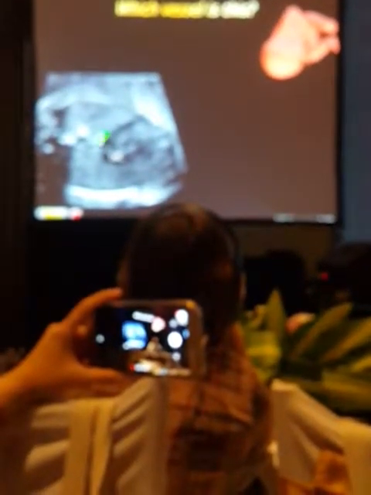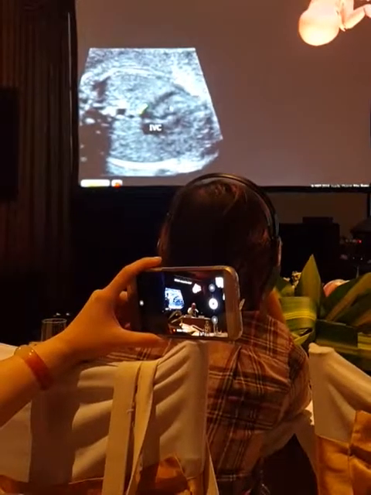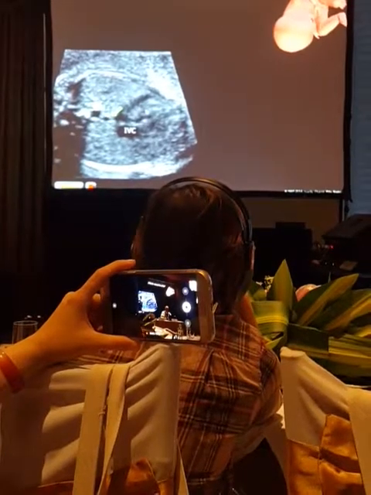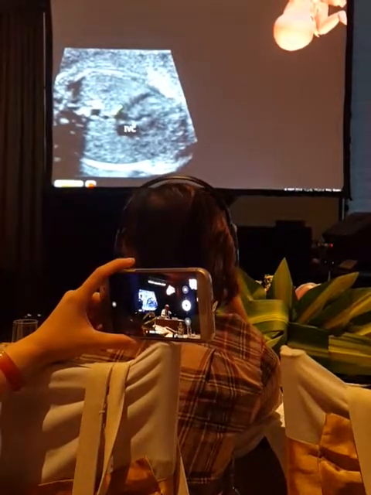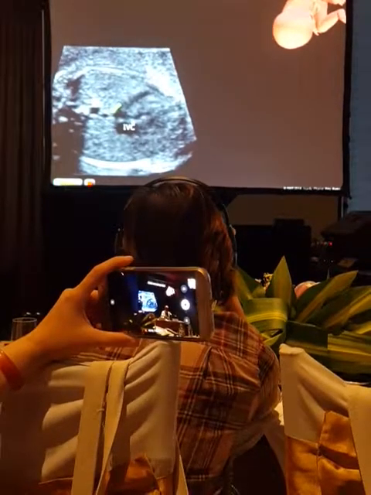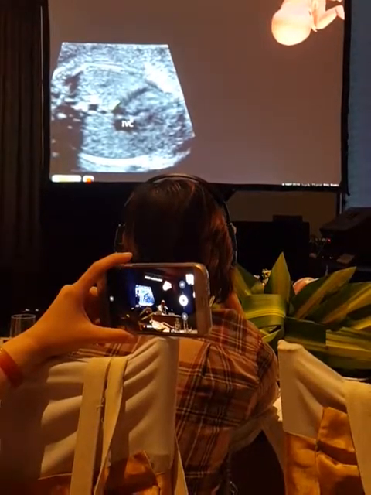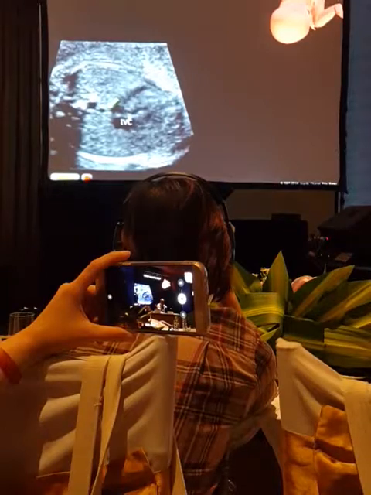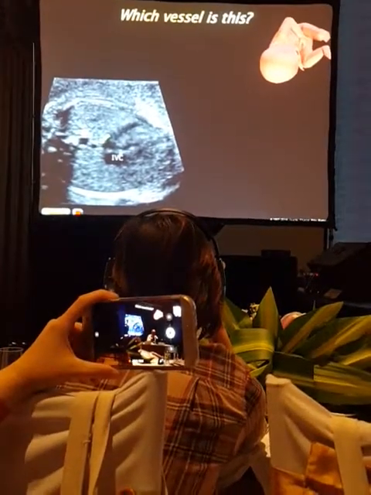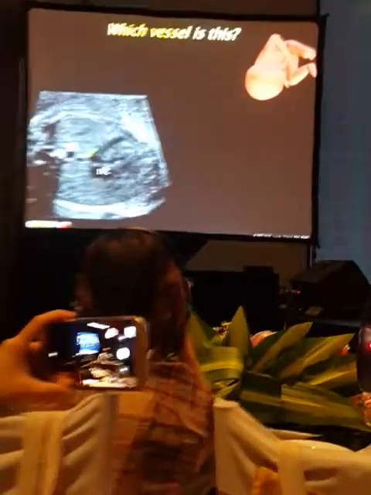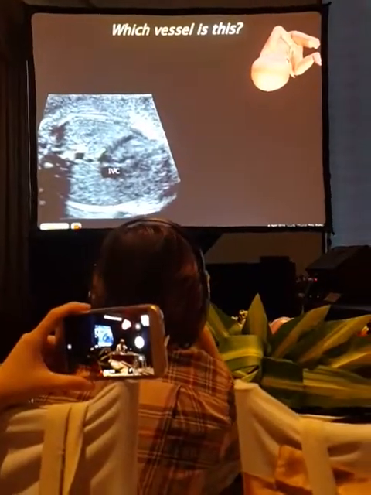So here we have the descending aorta, and I'm just below the four-chamber view. What is the vessel between the descending aorta and the four-chamber? Anyone who's good at anatomy? You didn't like to study anatomy either, huh? Neither did I. But there should be no vessel between the aorta and the four-chamber.